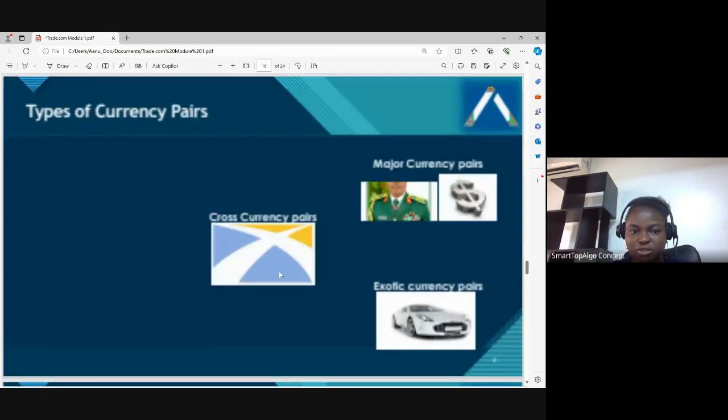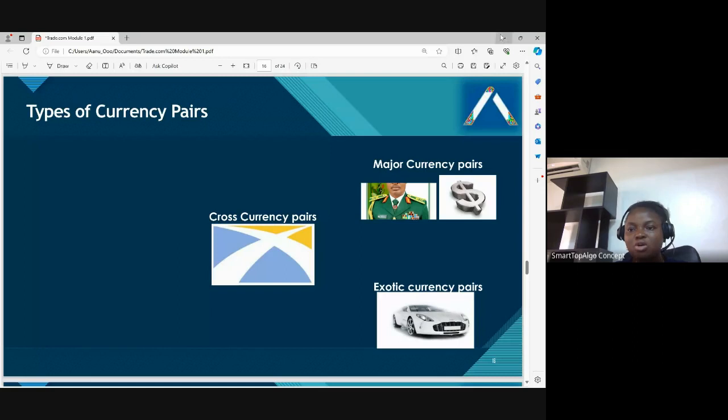Okay, so let's continue. Now let's look at the types of currency pairs. Currency pairs are grouped into three categories. The first one, we call the major currency pairs. The second one, we call the cross or the minor currency pair. And the third one, we call the exotic currency pair.